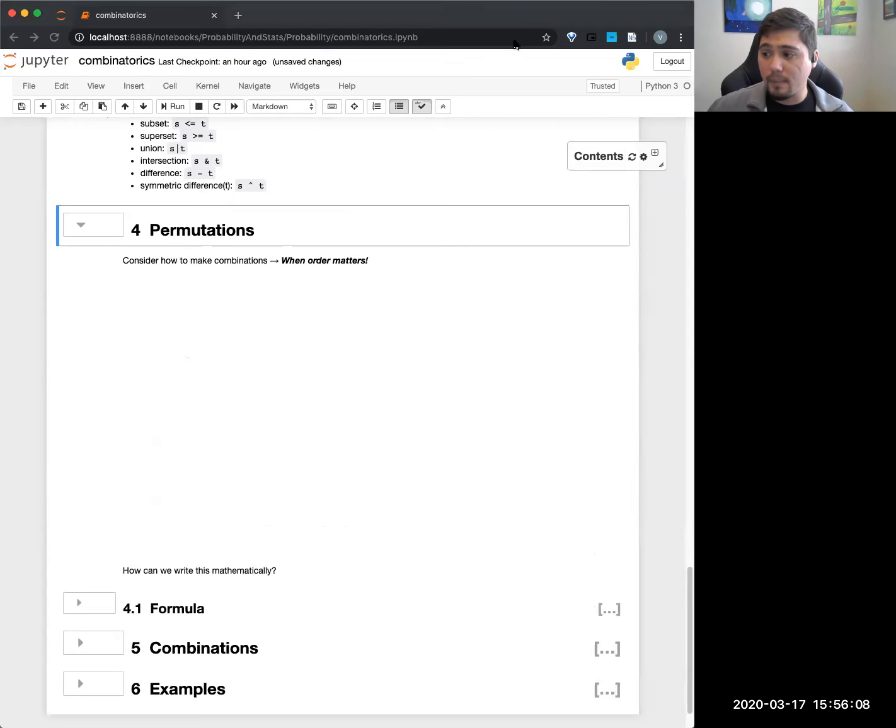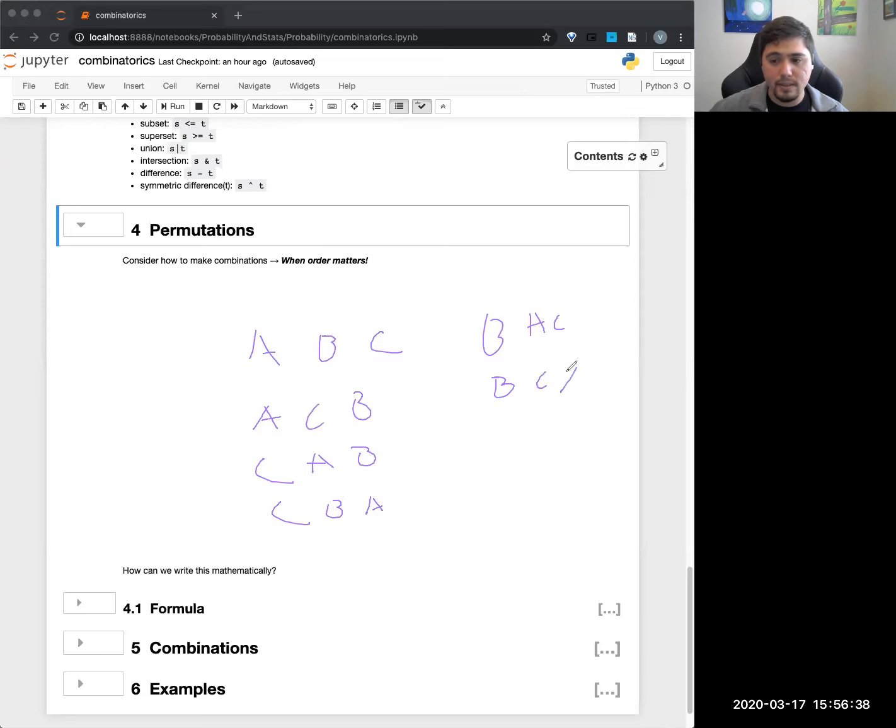A permutation, for example, is like, let's say we have letters A, B, C, and we ask how many different permutations we can have. Well, we can have A, B, C, or A, C, B, or C, A, B, and then C, B, A, and then B, A, C, and B, C, A. These would be all the different permutations of A, B, C. Basically it means that we count these things as separate.